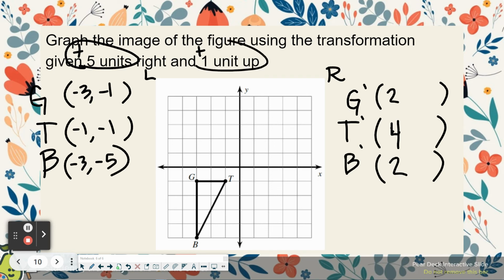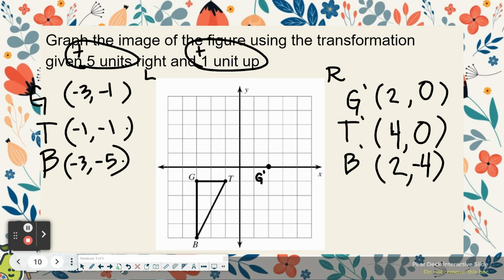Now I'm going to go 1 unit up. That's my y. So -1 plus 1 is 0. -1 plus 1 is 0. -5 plus 1 is -4. Now it's going to be our job to go graph these. So I'm going to go over 2, and I'm going to stay on the axis for my g prime.